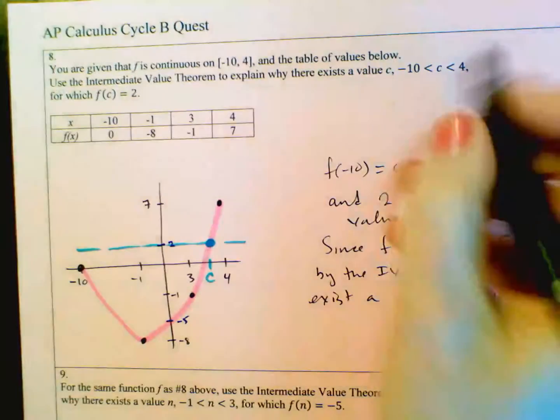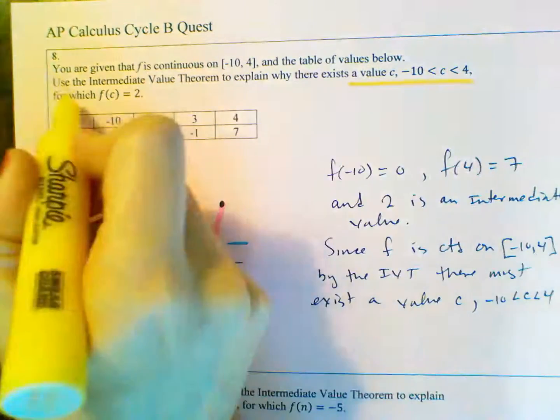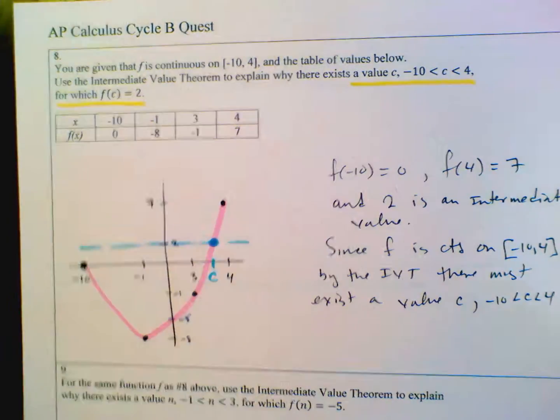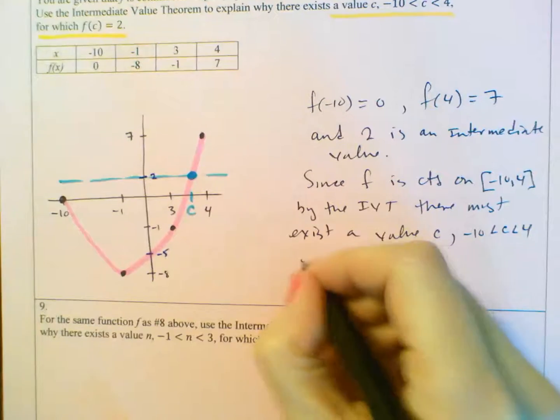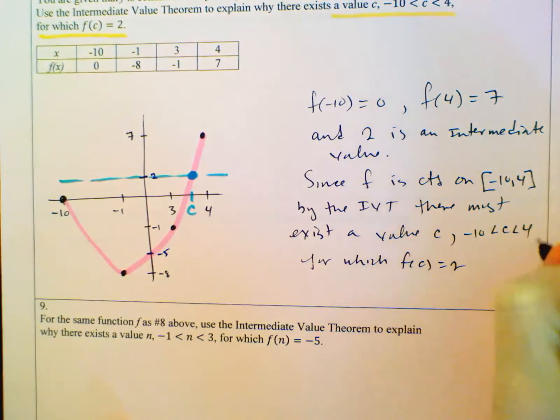So now I'm just copying this basically. A value c for which f of c equals 2. All right, so there it is.